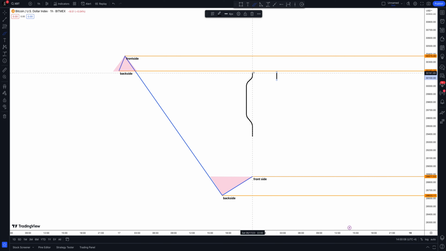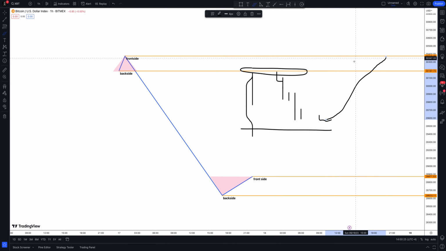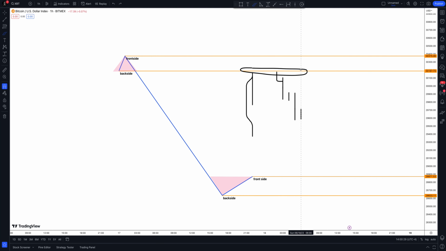But the whole point is that this is sort of an untested level where you can get large wicks, you can get small wicks, and the majority of the time, trend does end up falling down to a next backside level to find support and find its second point of a ladder to test the front side. But again, think of backside levels as untested levels, okay?